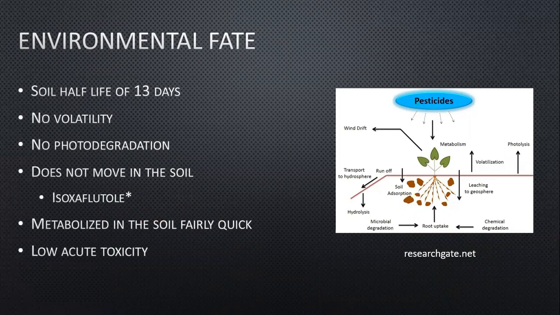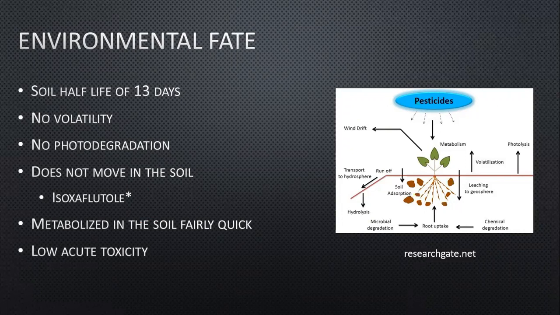Environmental fate for these HPPD inhibitors as a group is pretty low risk herbicides. You have to remember that these are some of the last herbicides to be discovered, so they're under the most scrutiny as far as regulatory aspect goes, and therefore they have low acute toxicity, they have low use rates, there's no volatility, no photodegradation for most of these, and then in almost all of the HPPD inhibitors, they don't move through the soil profile.